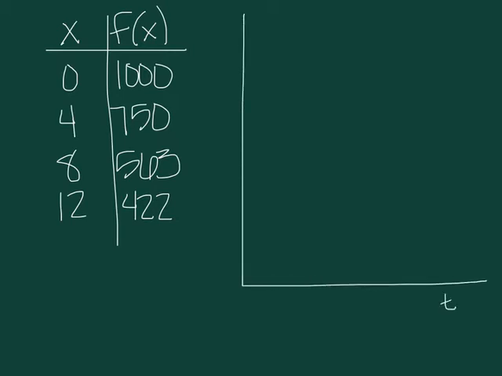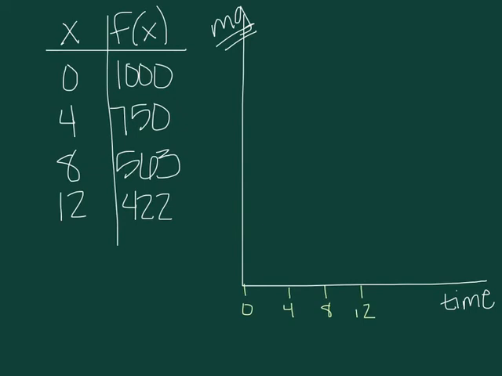So remember the x-axis is going to be time in hours, and the y-axis is going to be milligrams remaining in the system. So our x-axis we can label as 0, 4, 8, 12.